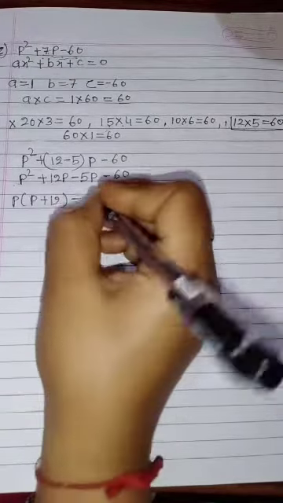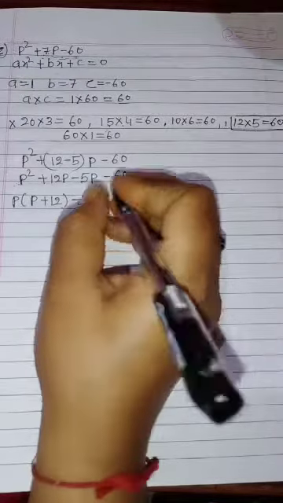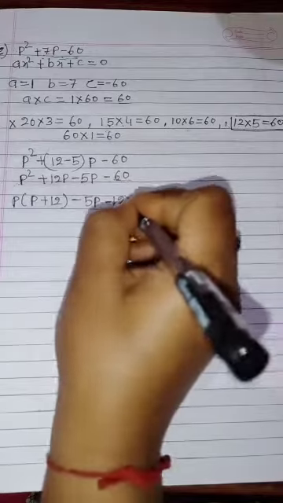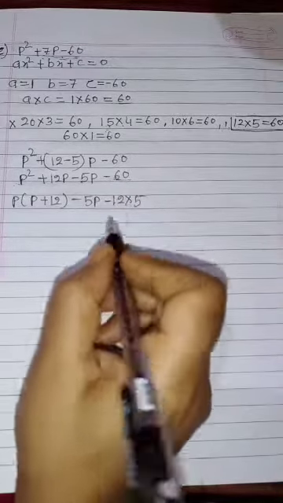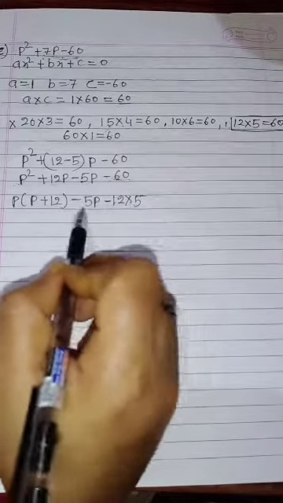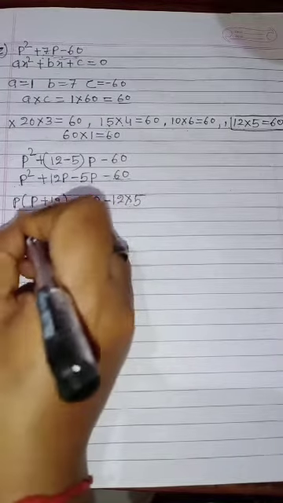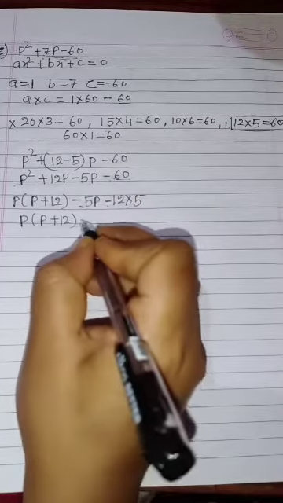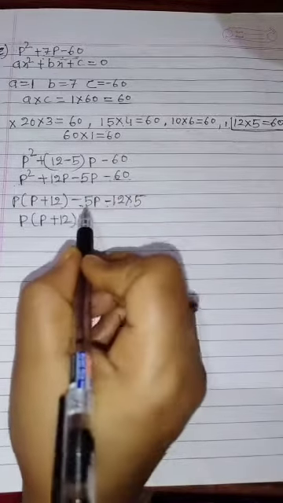Right now I am not taking the minus common. Here 60 I am writing in the same way, 12 into 5, so that you are able to understand what will become common. P plus 12, then the minus sign is in both places, take minus common. 5 is coming as common, so take 5.